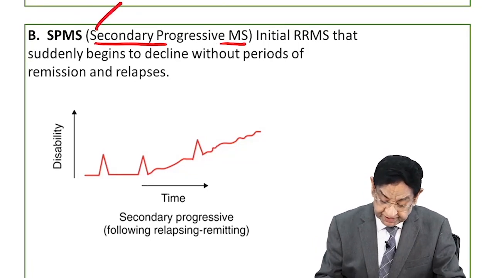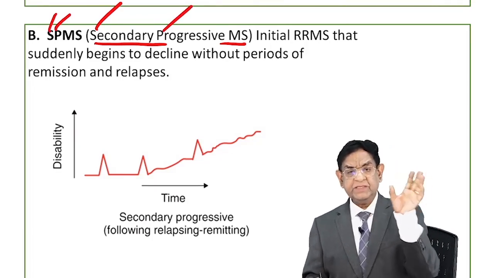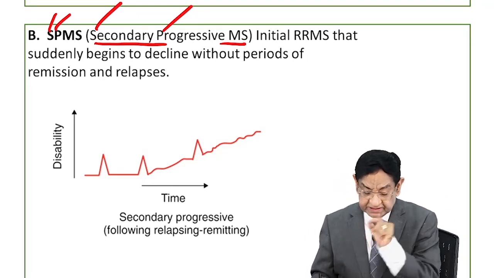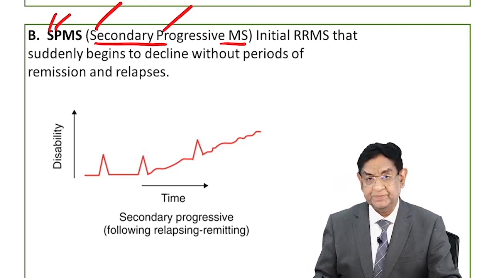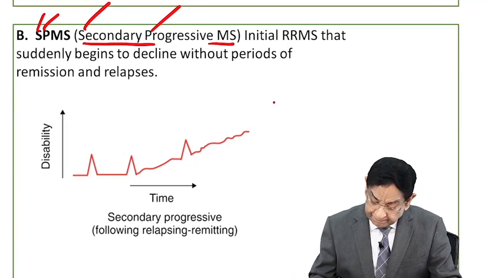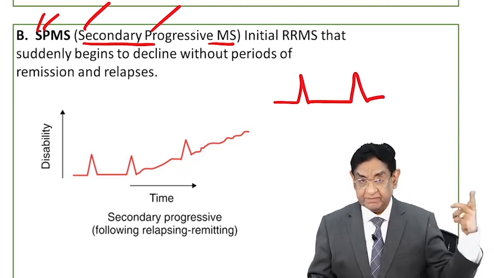The second type is secondary progressive MS, S for secondary, progressive, SPMS. The previous one was RRMS, relapse remitting. Here we have secondary progressive. Let us see what that is. Initially, the patient has RRMS, like the previous one.